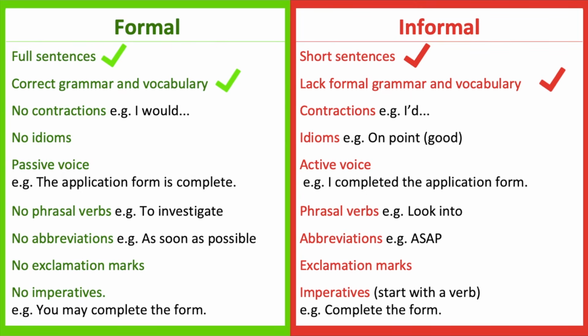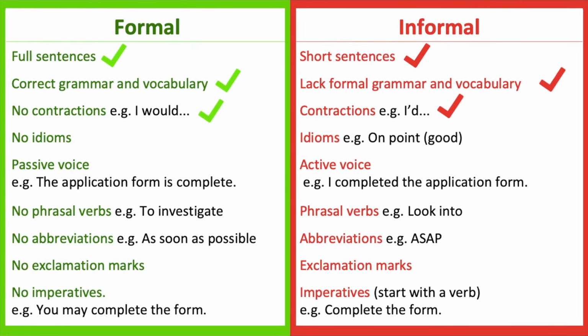Contractions are shortened versions of words, and we usually place an apostrophe where the letter is missing. We don't use contractions in formal language, whereas we use contractions in informal language. For example, in formal language, we can say I would, whereas with informal language, we can use the contraction I'd.